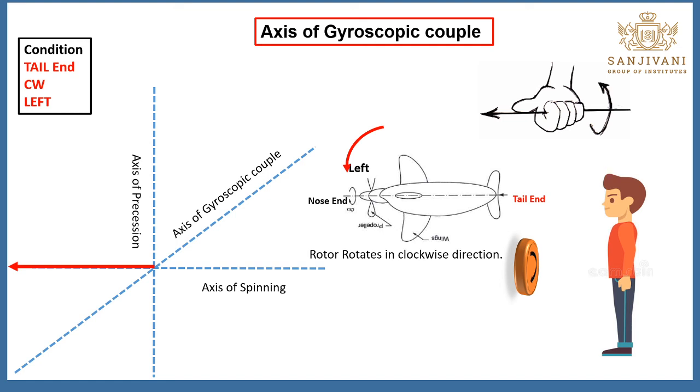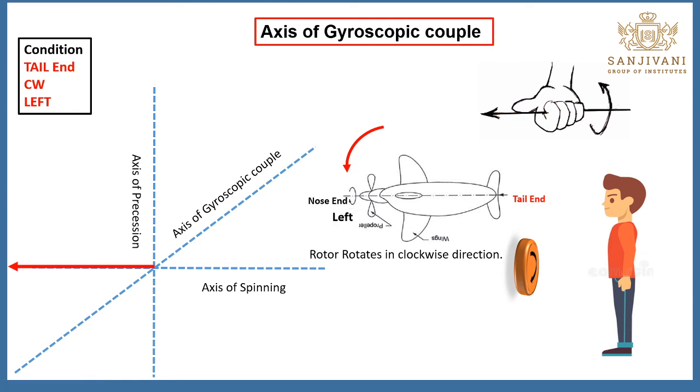Now this is the front end, this is the nose end, and this is the tail end. This is the left hand side, and this is the right hand side of that ship. And that ship is taking the turn towards left like this, in this direction.